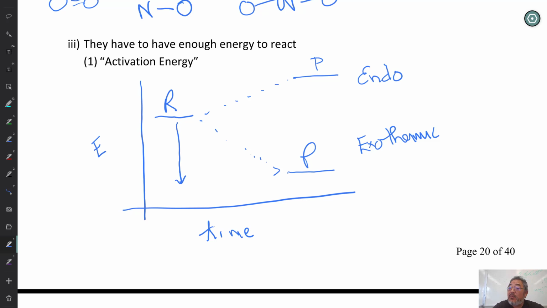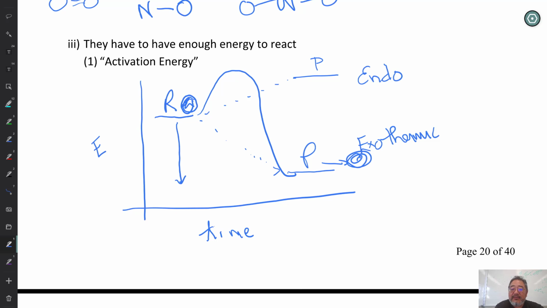Now, regardless of which way you go, it turns out there's a barrier in energy between the reactants and the products. So if the reactants are high in energy and the products are low in energy, like when you think about a ball on top of the hill being able to roll down the hill, that's kind of this analogy here. I have a ball here and he wants to be down here. He wants to be rolling down and moving down in this direction over here.